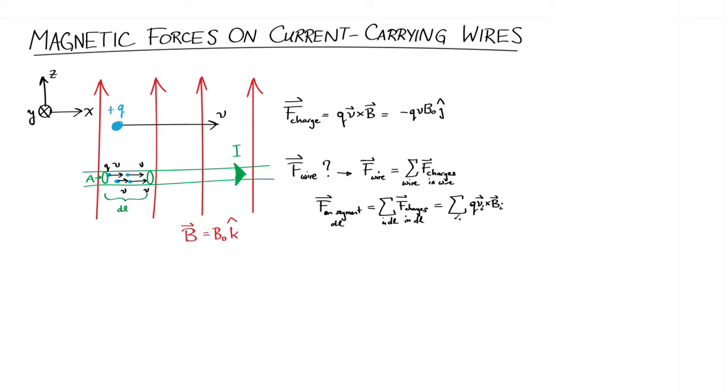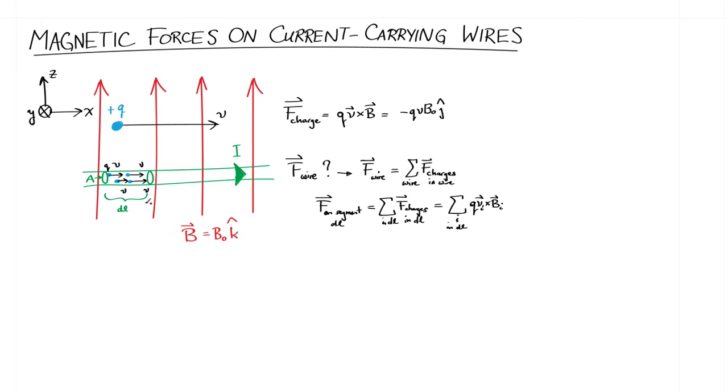So I'll say sum over the I charges in DL. All I've said is that, if we have a little segment of wire of length DL, the total force on it is just going to be the sum over all the charges inside that wire.